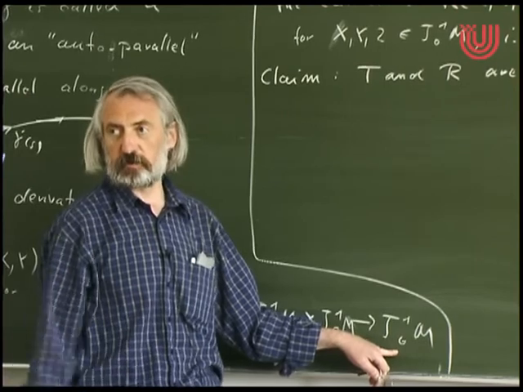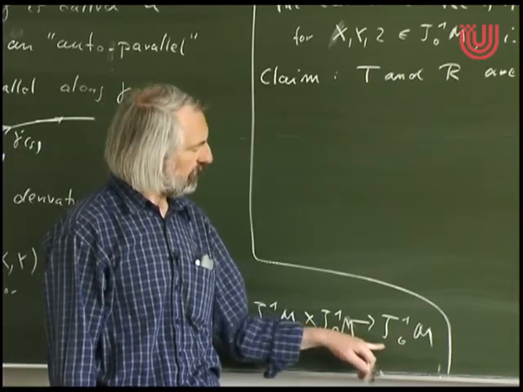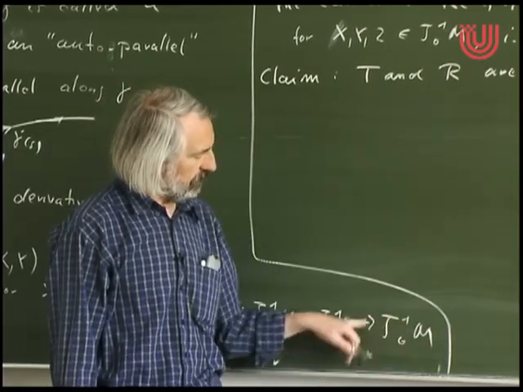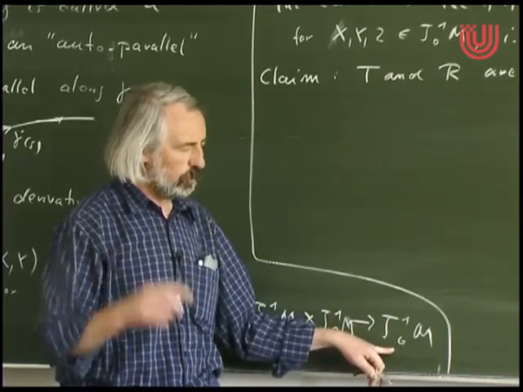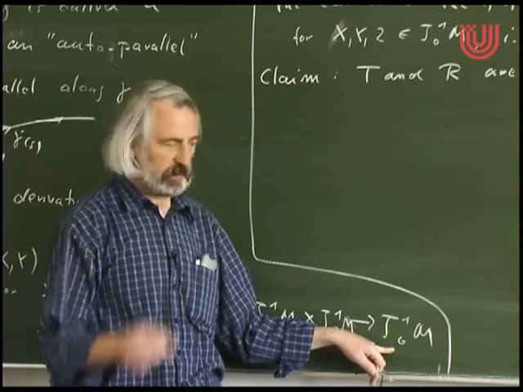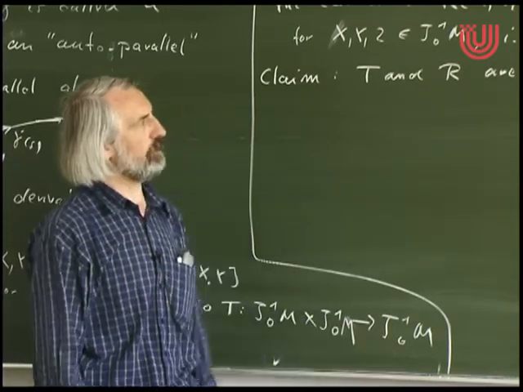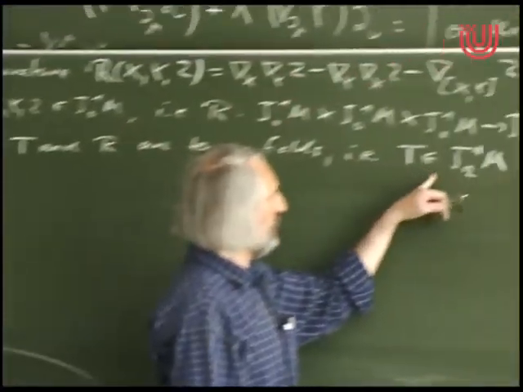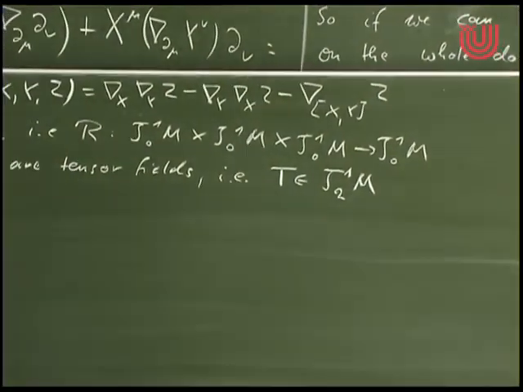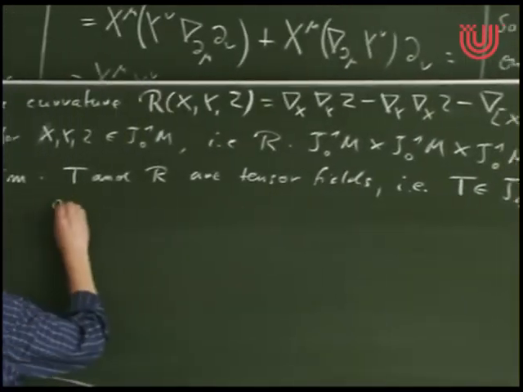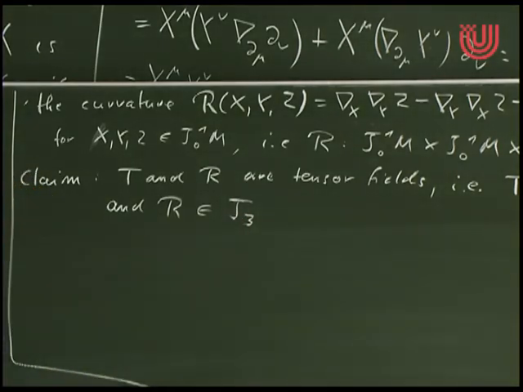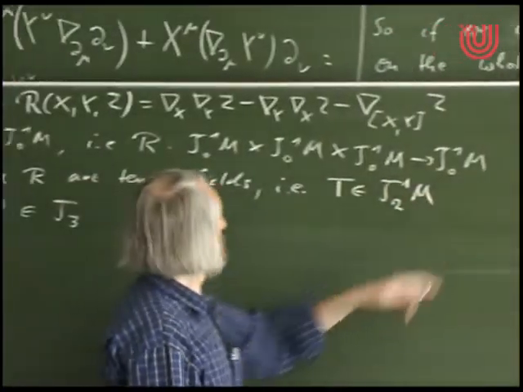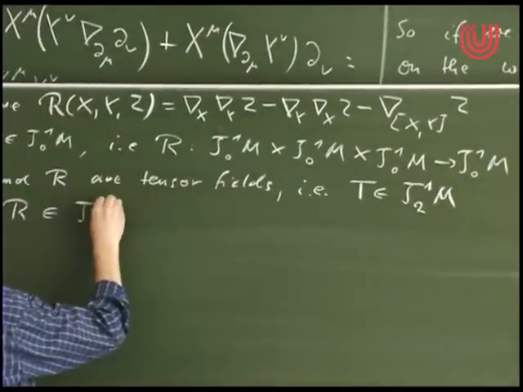Remember, the bidual is the same as the original vector space. So I can write the tangent space, the space of vectors, as the dual of the space of covectors. So it has slots where covector fields are filled in. So if it is a tensor field, then it is a tensor field of this rank. And for R, well, R has three slots for vector fields. And again, the result is a vector field. So I have a 1 here.